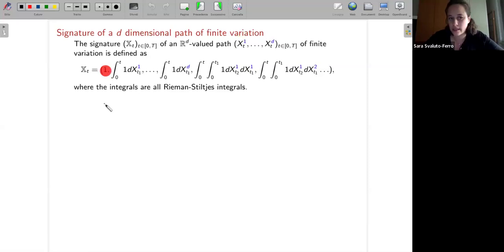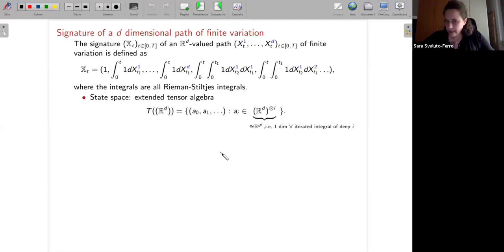You get the one that is always there in front, then simple integrals with respect to the first component till the d-th component. For the double integral, you start by integrating the first component with respect to the first, then the first with respect to the second, and so on. You save all of them, every possible iterated integral.